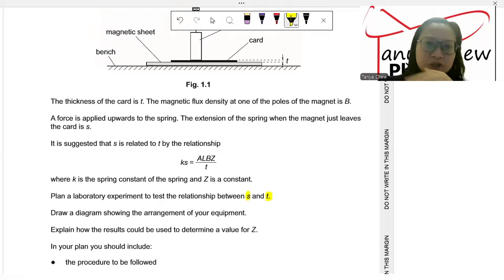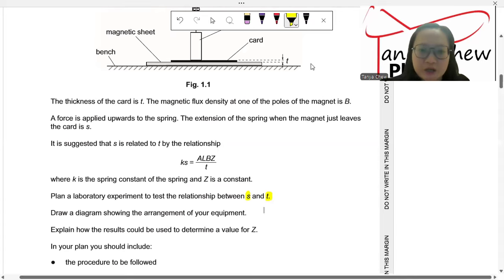And based on this relationship, other than S and T, those are all variables to be kept constant. You can talk about how you keep all those variables constant in the final part of this question, which is called additional details, that will give you a lot of marks, plus safety precautions.